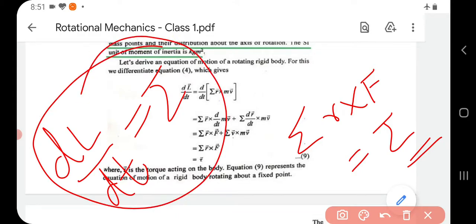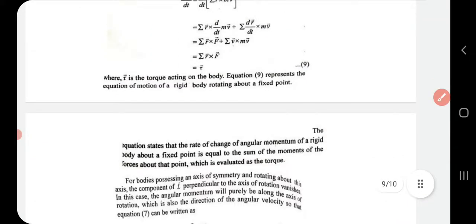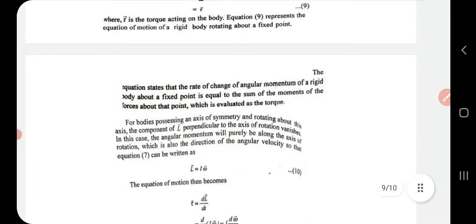We will represent the equation of motion of a rigid body rotating about a fixed point. Now just write the statement also. The statement is written here: the equation dL by dt is equal to tau states that the rate of change of angular momentum of a rigid body about a fixed point is equal to the sum of moments of forces about that point.